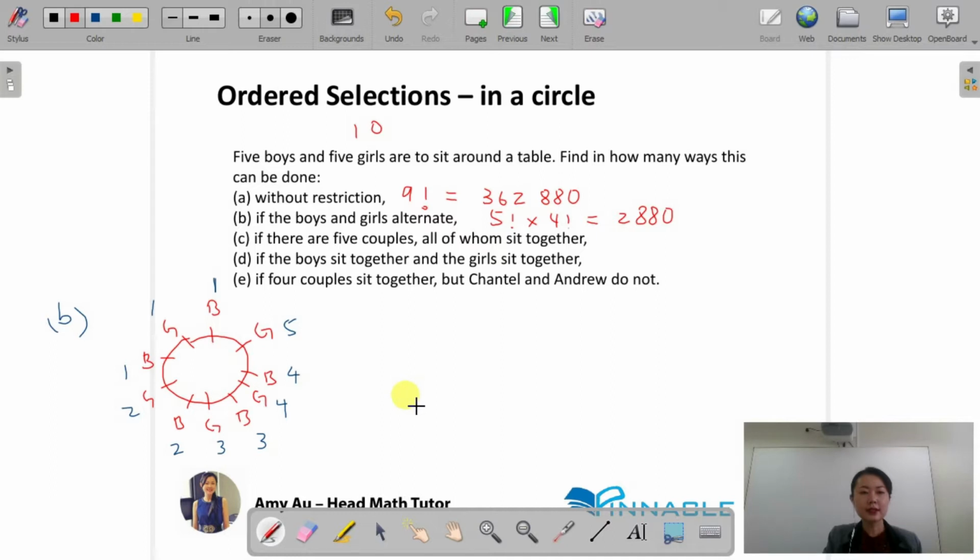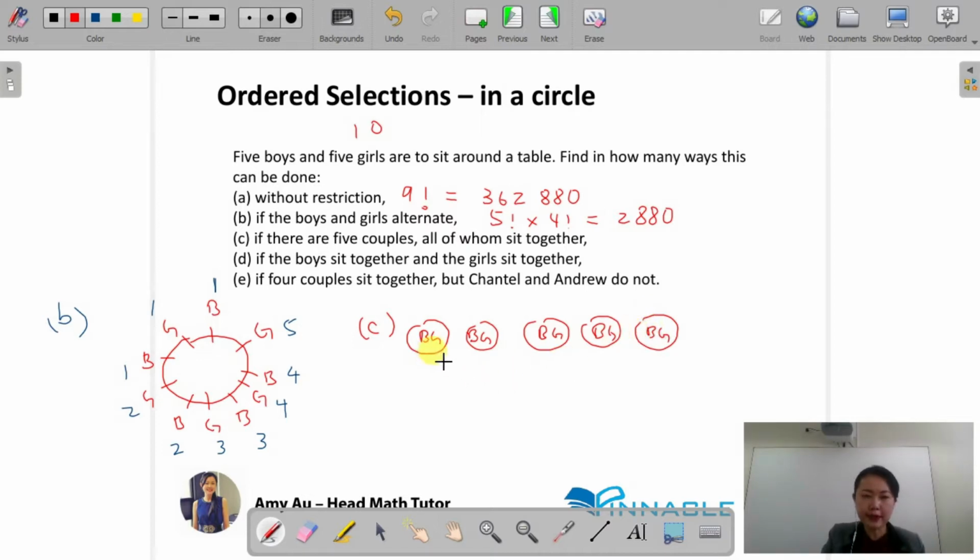Alright, so next one, if we have 5 couples, all of whom want to sit together. Alright, so we have 5 groups of 2. Actually, let's do it this way, it's easier to understand. Boy, girl, boy, girl, boy, girl, boy, girl, boy, girl. So you arrange the groups first.